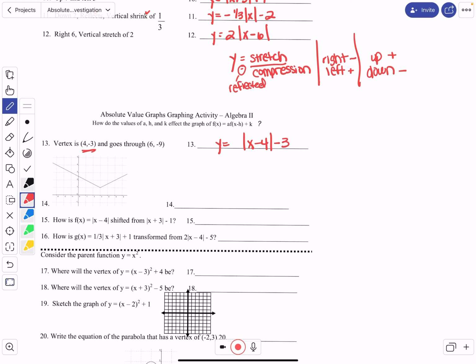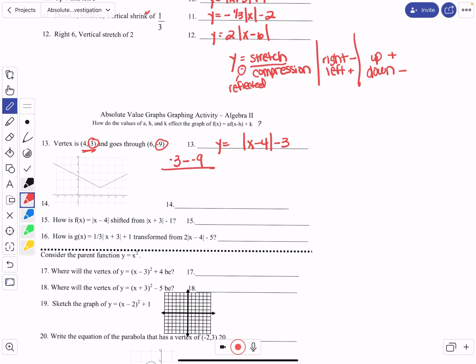And then what we use is we use the points to get our slope, which is our stretch, okay? So we're going to find our slope between our points. So we do our y's over x's, or rise over run: you subtract your y's over your x's. So you're going to do -3 minus -9 from here and here.